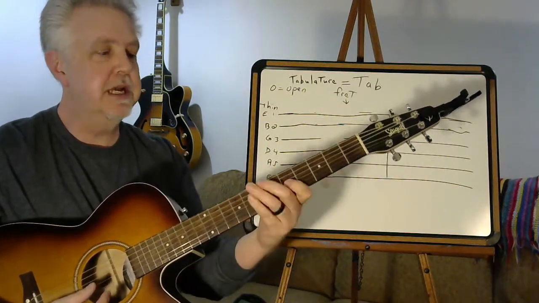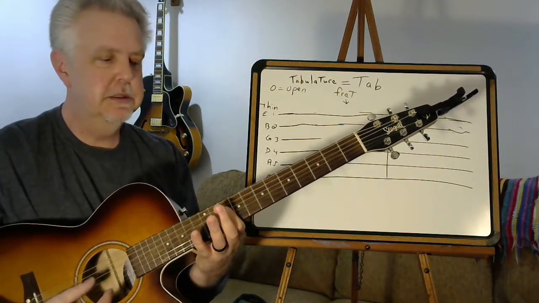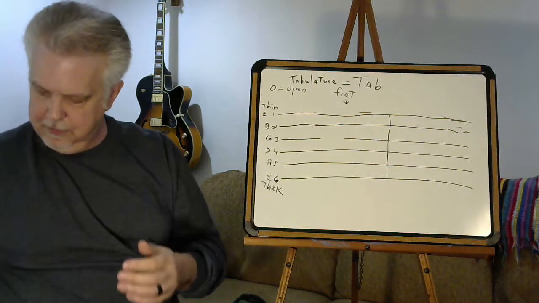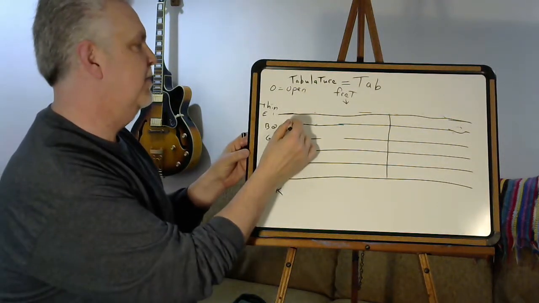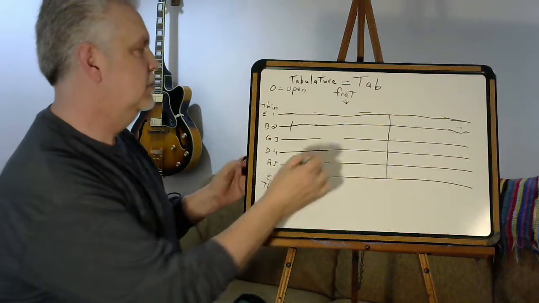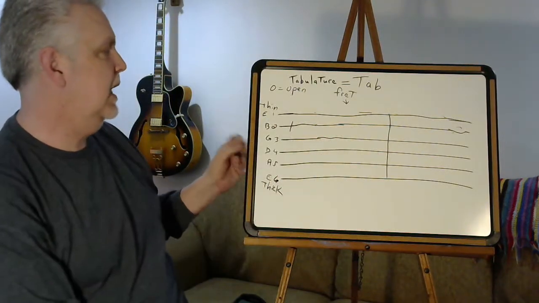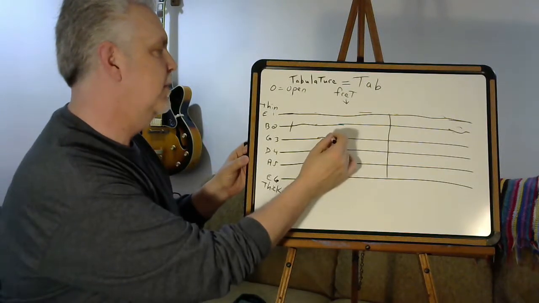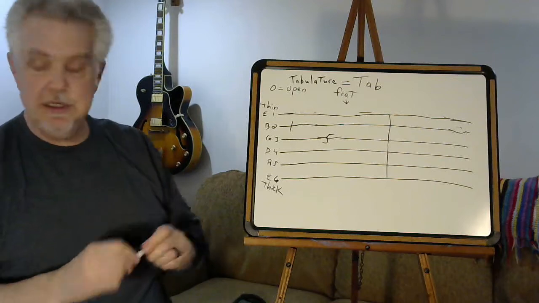A C looks like a C. Say I have a C, which would be first fret on my B string. Well, that C on my B string is going to be the same as this 5th fret on my G string. Those are the same notes.